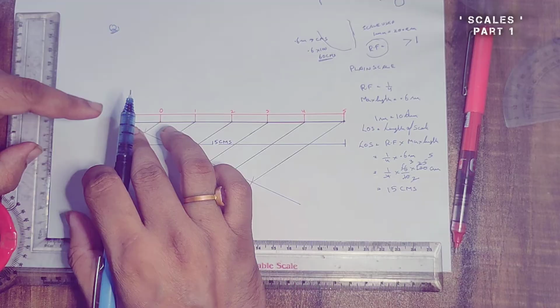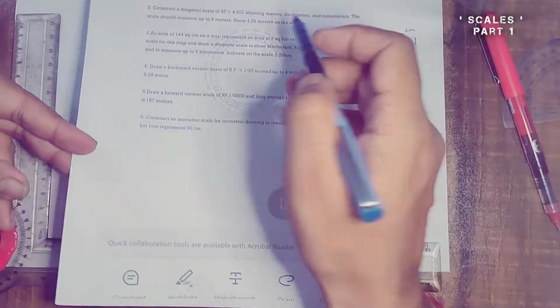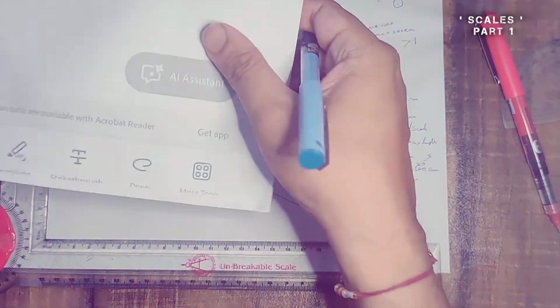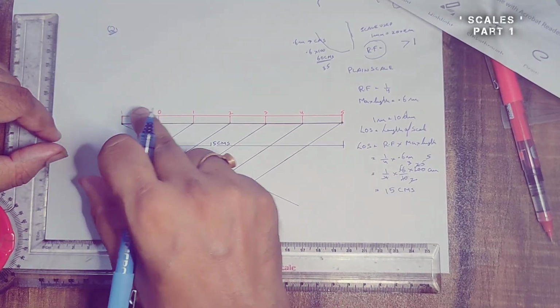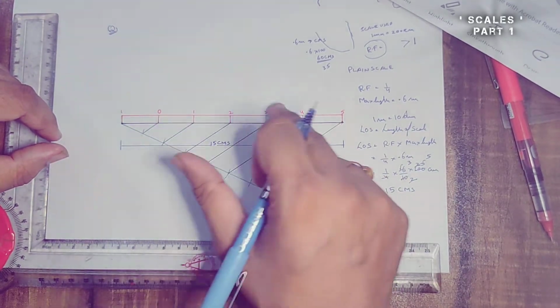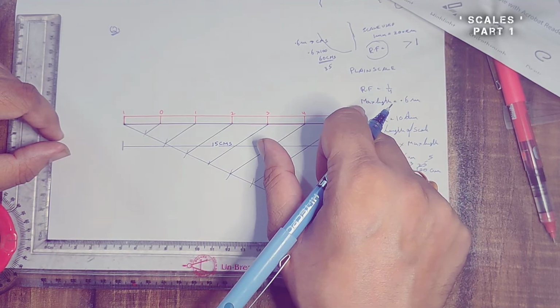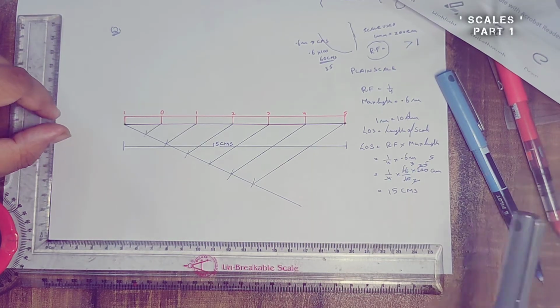This is 10 centimeter. So what we have to draw here is 35 centimeter. So every single block is of 10 centimeters. 60 centimeter, 10 centimeter. So for 60, you have to make another division.